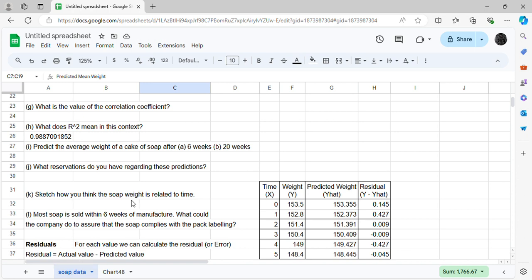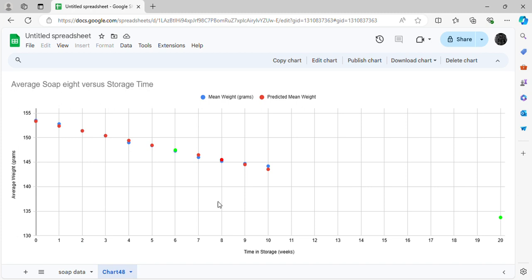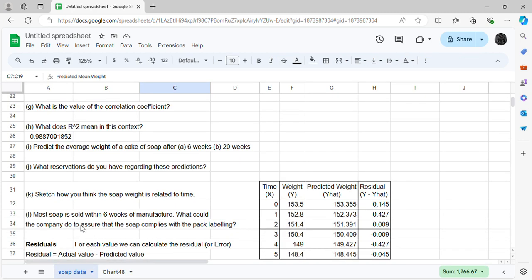Okay, now most soap is sold within 6 weeks of manufacture, as we can see in the data. So within 6 weeks of the manufacture, most soaps are sold. What could the company do to assure that the soap complies with the PEC labeling?